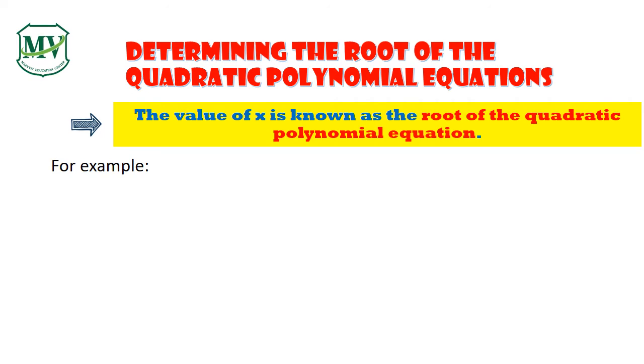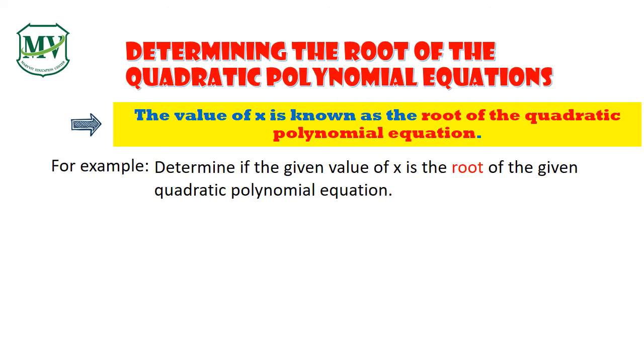For example, determine if the given value of x is the root of the given quadratic polynomial equation. So we have here x squared minus 2x is equal to 15 and x is equal to 5.